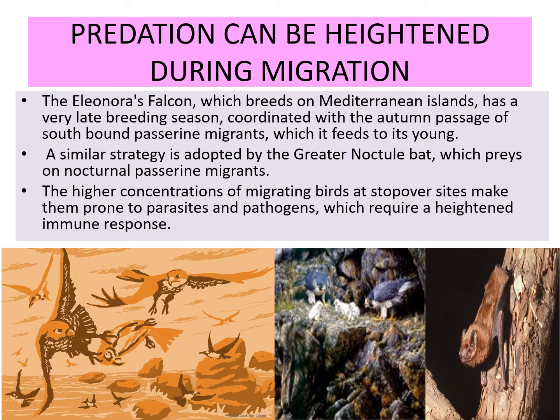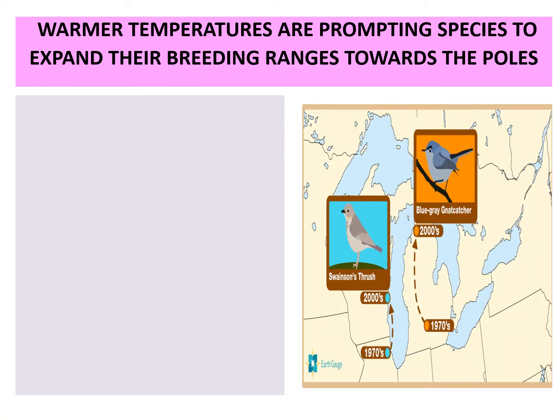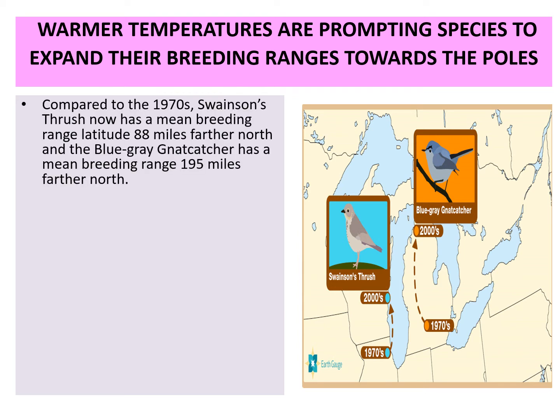The higher concentration of migratory birds at stopover sites makes them prone to parasites and pathogens, which require a heightened immune response. Warmer temperatures are prompting species to expand their breeding range towards the pole. That is due to global warming, the individuals are moving towards the pole to stay in a comfortable environment.